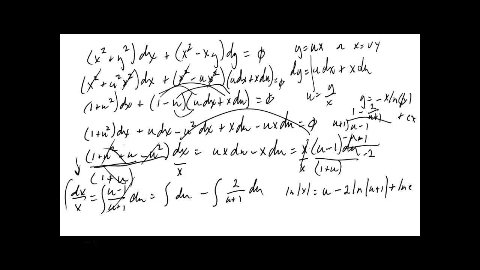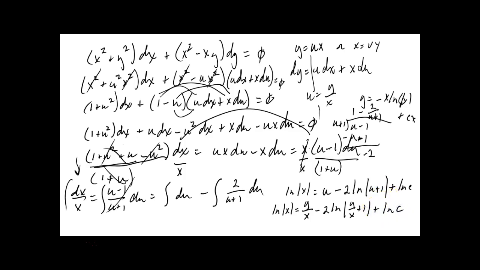Now let's see. I think now is the time to go back and plug in what u is. Okay? So it would be log absolute value x is equal to y over x, that's your u up here, okay, minus 2 times the log of absolute value y over x plus 1 plus log c.